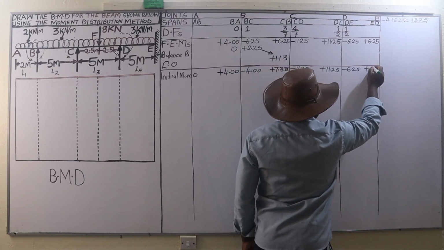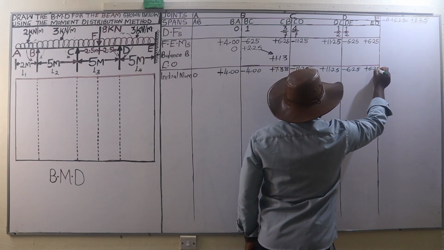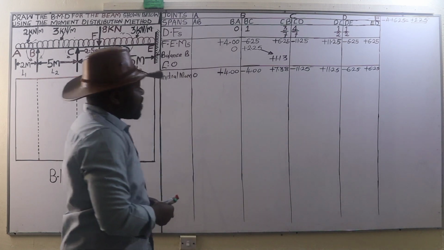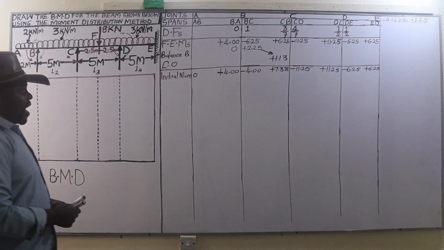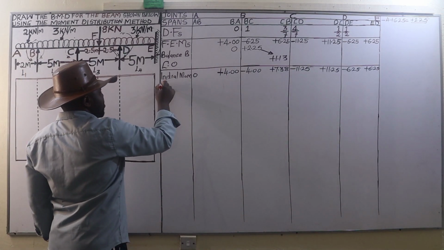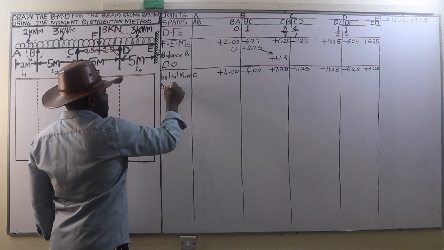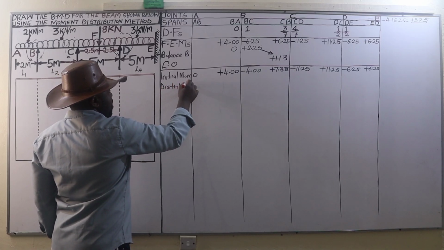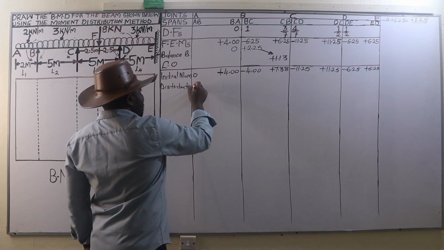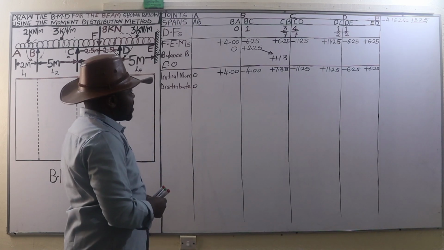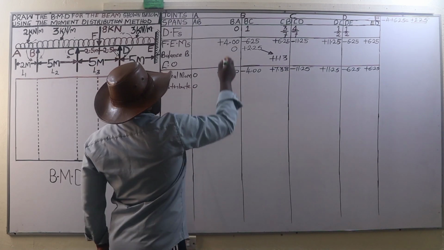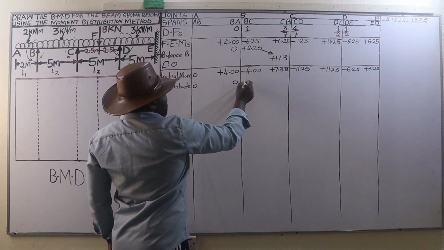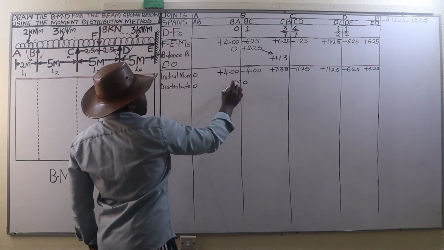And here we got positive 6.25. Then after that, we are going to distribute. So we write there, distribute. So here we got a 0, and this is going to be 0 since 4 minus 4 is 0.